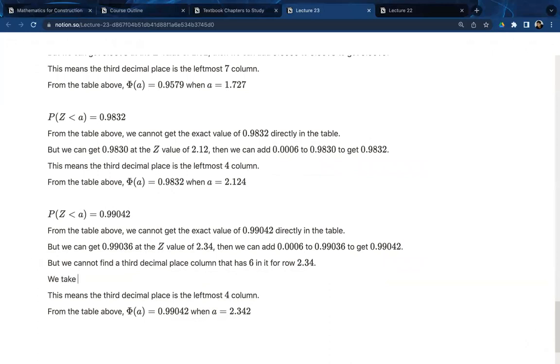We take the column that gives the closest probability.